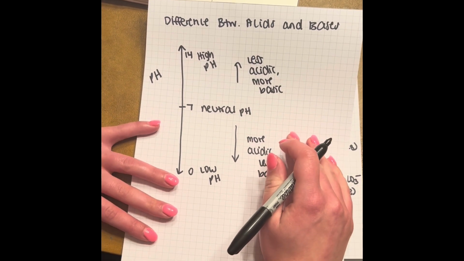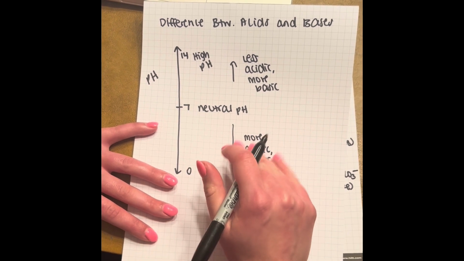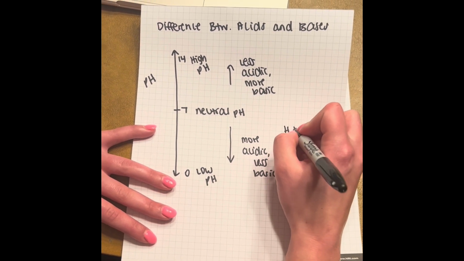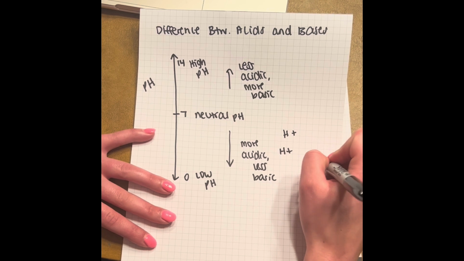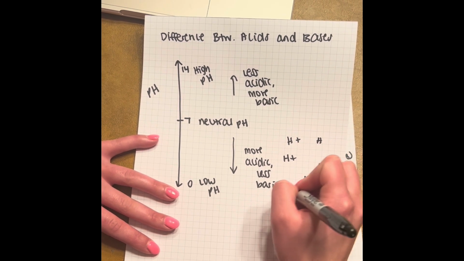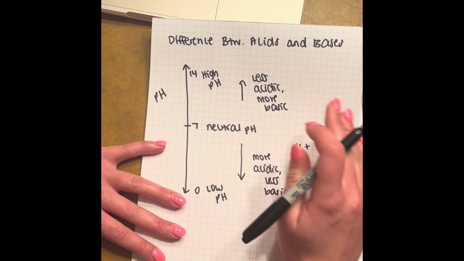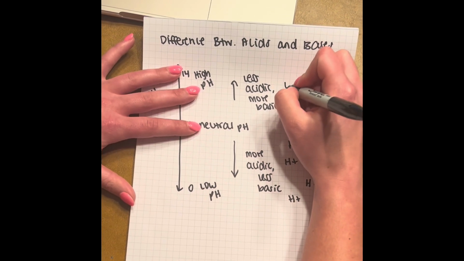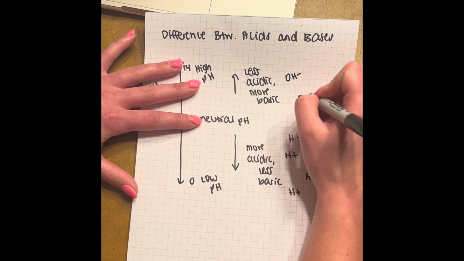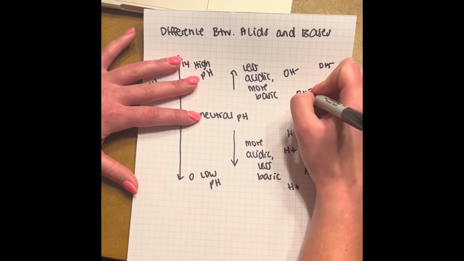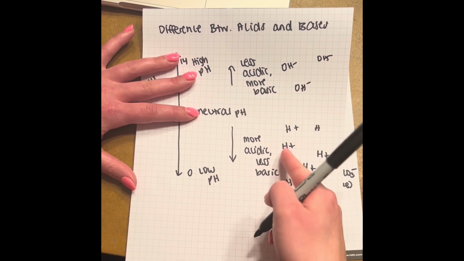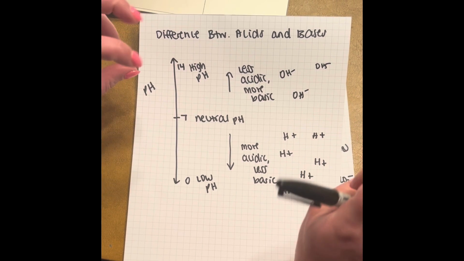So if we have something that's very acidic, that means that there are a ton of hydrogen ions in that something that we have. If something is less acidic and more basic, that means that we have a ton of hydroxides. And hydroxide's a base, and these hydrogen ions, these are acids.